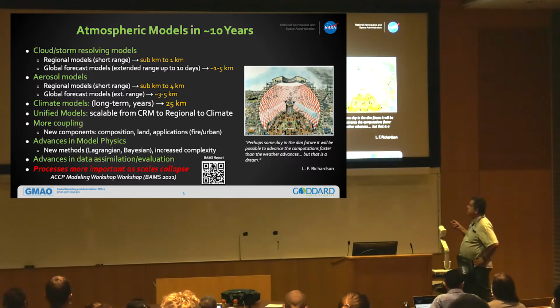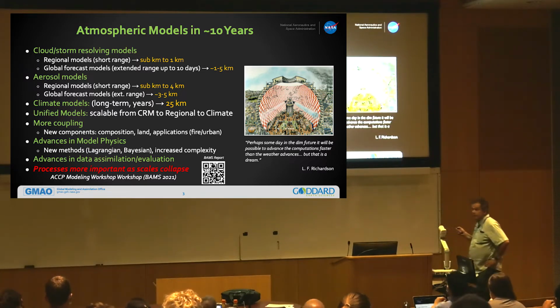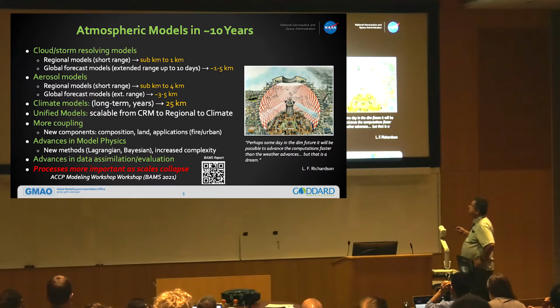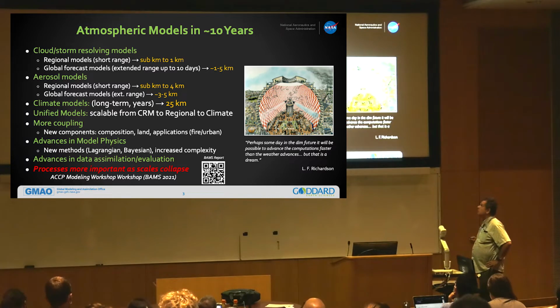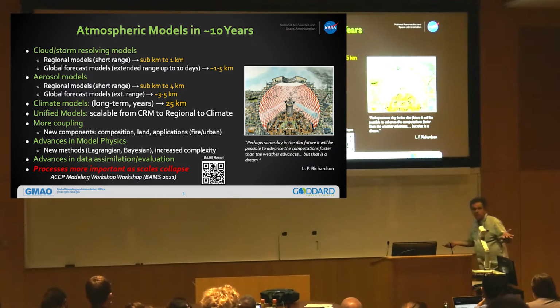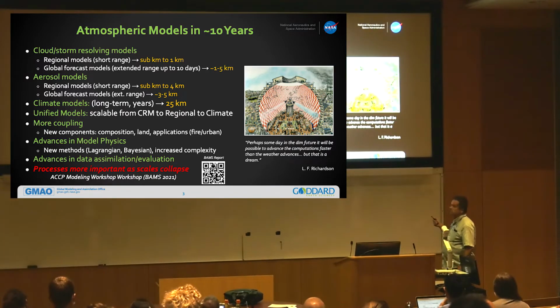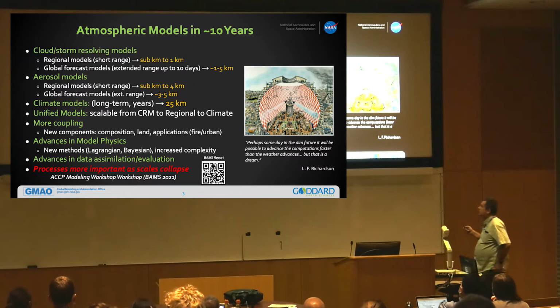The regional models, certainly, they already are, but they'll be running at sub-1 kilometer, very high resolution, sort of cloud resolving in many respects. And the global forecast models will be 1 kilometer to 5 kilometers. We have global models today running at sub-1 kilometer in demonstration mode. What we're talking about here is that the day-to-day forecast would be done at those resolutions.